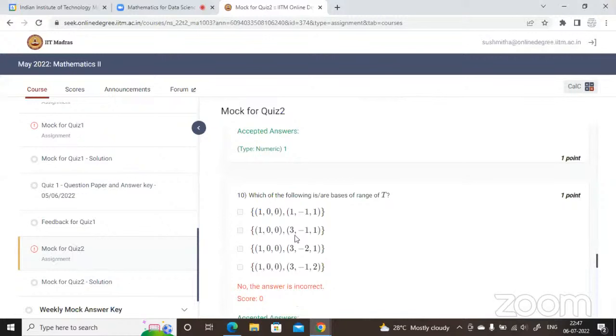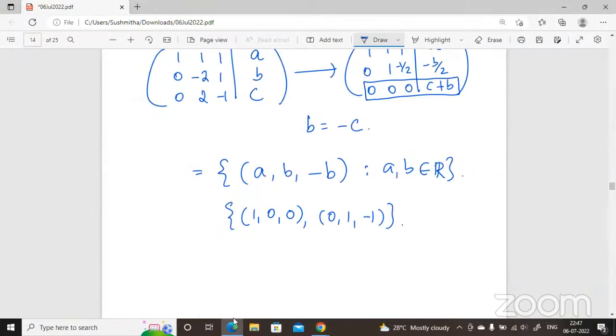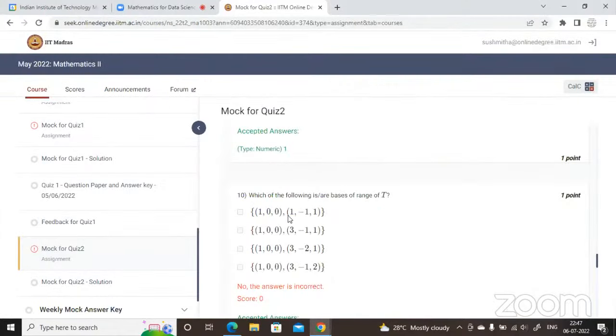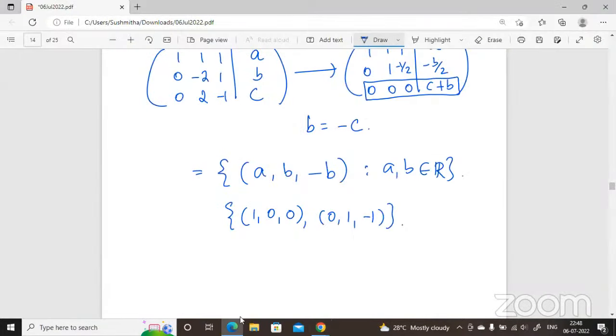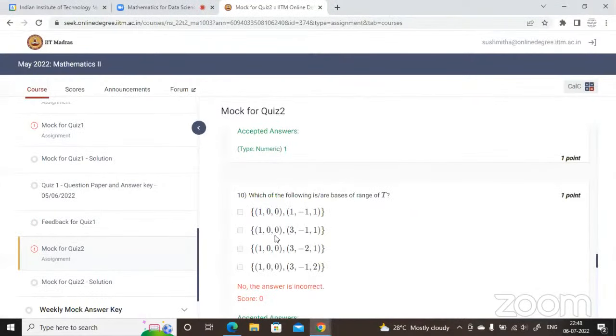Which of the following is or are a basis of range of T? There are multiple options. You have to choose all possible bases. So (1, 0, 0) and (0, 1, minus 1). It satisfies, right? This is the only condition I want. b is equal to minus c is satisfied here. For options 3 and 4, it is not satisfied. b is equal to minus c is not satisfied in the second vector.